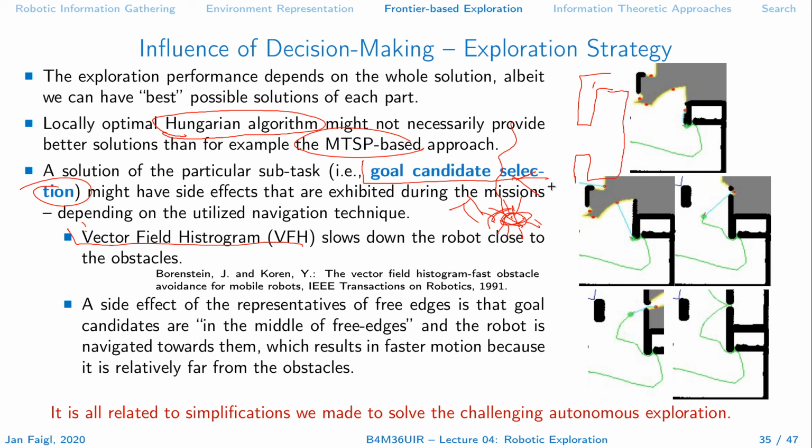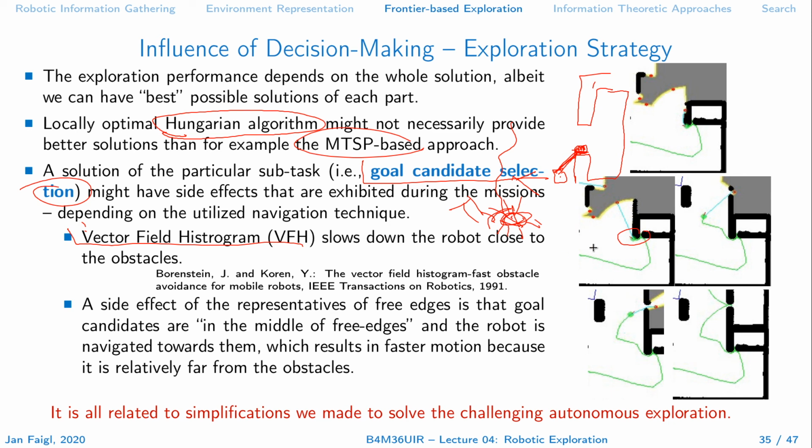So this is the room, and the robot is here, and it is planned to visit this using the shortest path, because we put the frontier here. So the robot will have this direction, or it is even better if you have the situation like this.